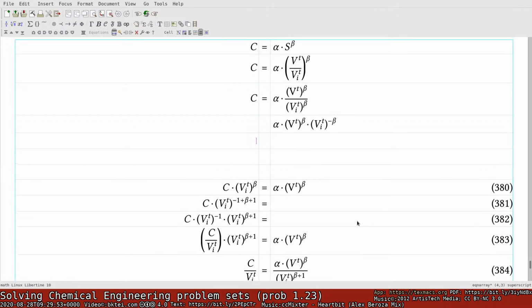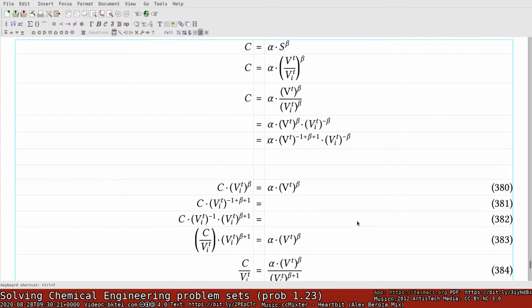There we go. And let's go ahead and get our -1 plus that plus 1. And then I guess we're just going to ignore this. Yeah. And then we'll split the exponent.